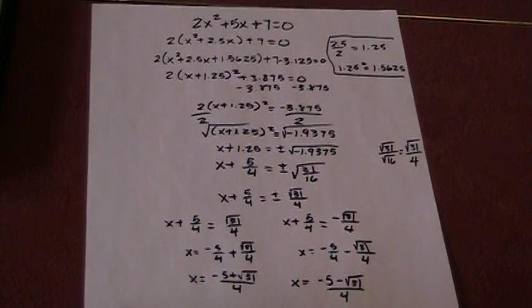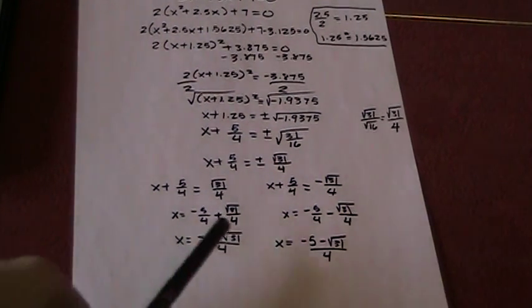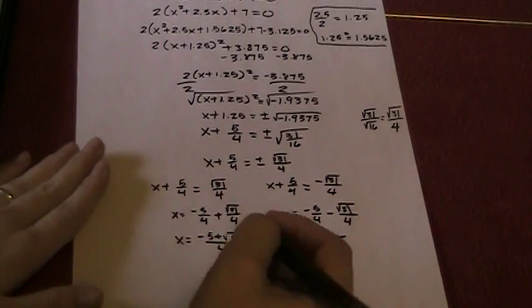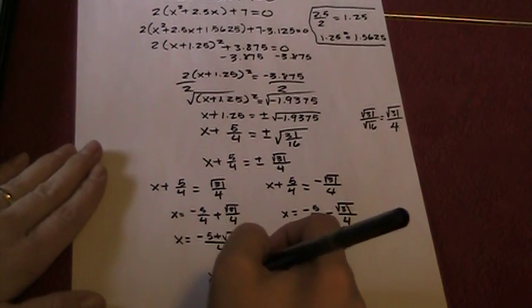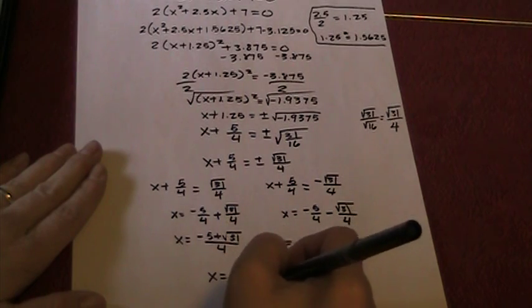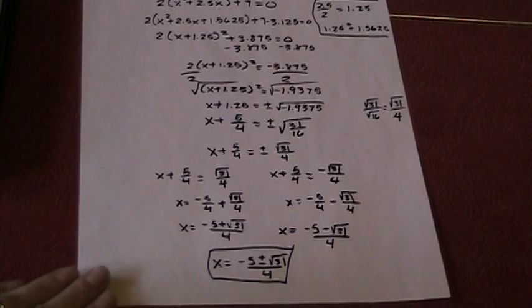And when the two solutions are so similar, it's just a difference of a plus and a minus, sometimes you'll see them combine into one. So what that means is they write x equals negative 5 plus or minus the square root of 31 over 4. So sometimes you'll see your solution written this way.